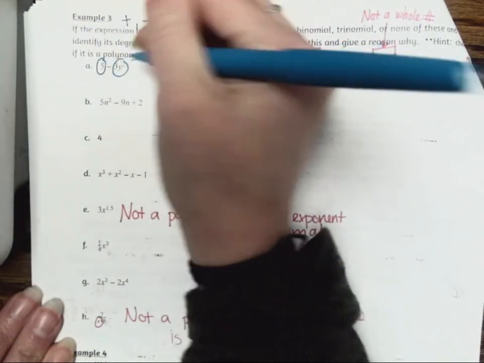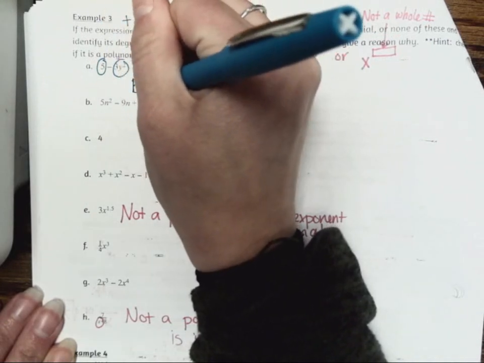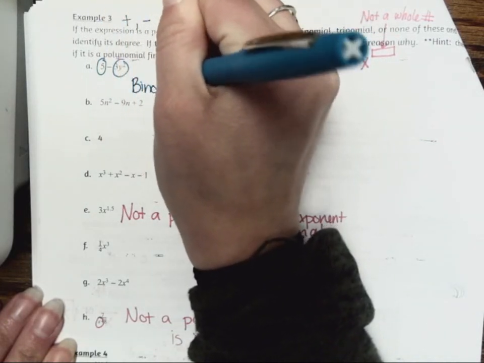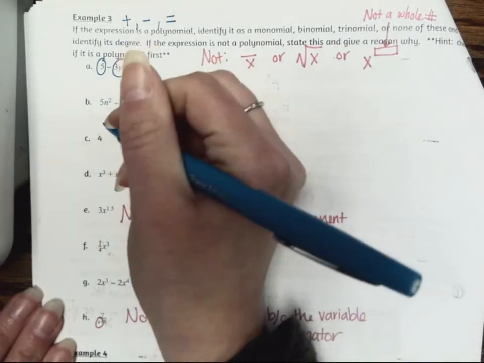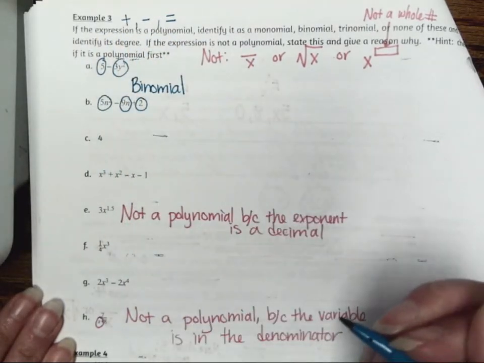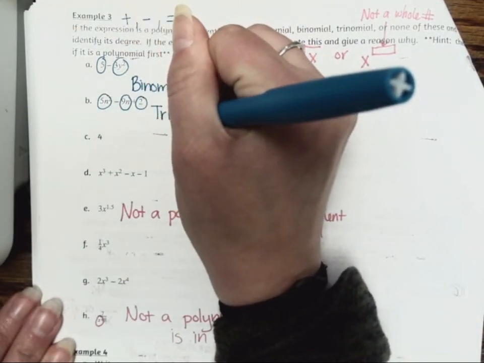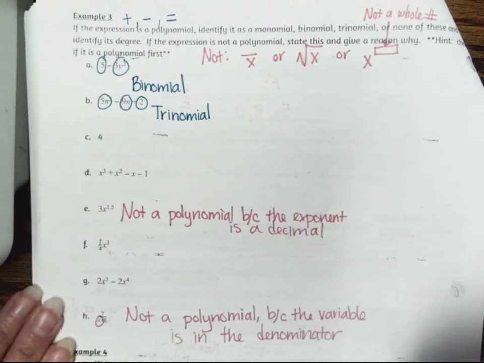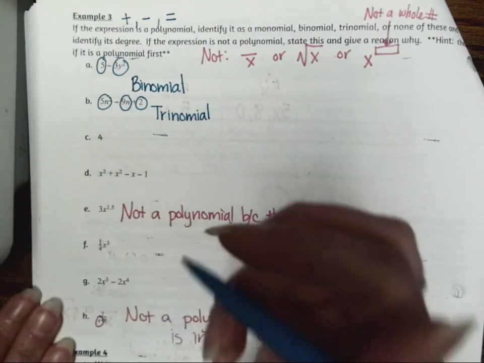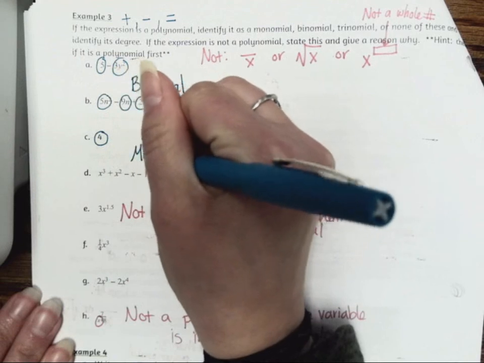So this has 2 terms, so this is a binomial. For B, this one has 3 terms, so it is a trinomial. For C, we only have 1 term, so it is a monomial.